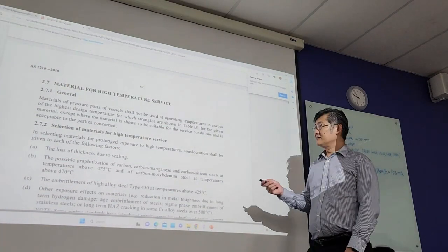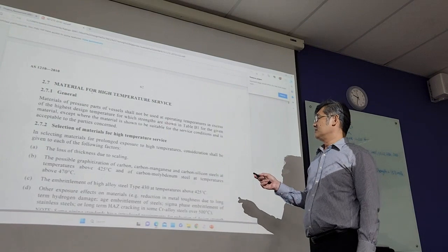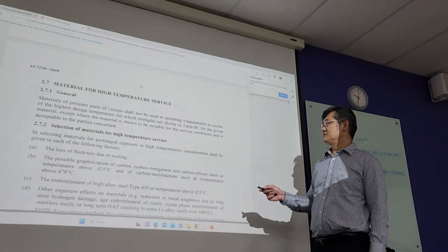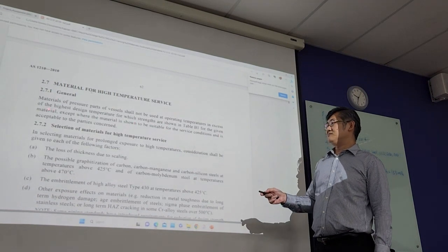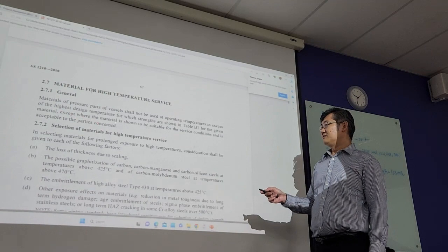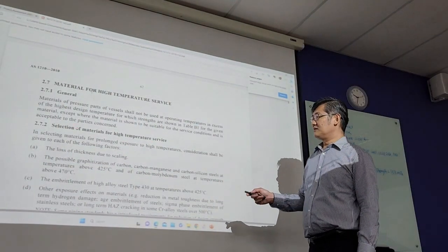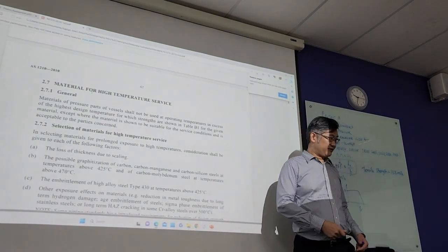The statement: materials for pressure parts of vessel shall not be used at operating temperature in excess of the highest design temperature for which strengths are shown in table B1 for the given material, except where material is shown to be suitable for service conditions and is acceptable to parties concerned. So basically they want us to follow table B1.